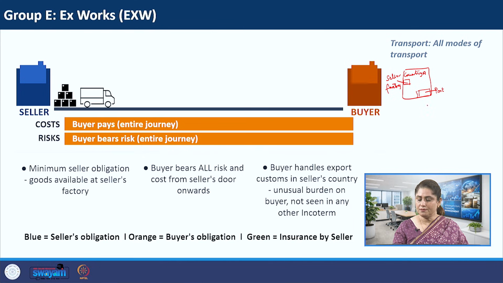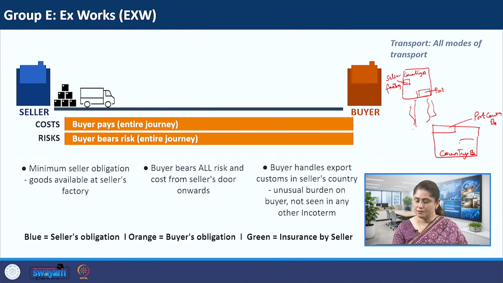Now in between you have the sea here and then again you have a country B. The port of country B is here and the buyer's warehouse is here.